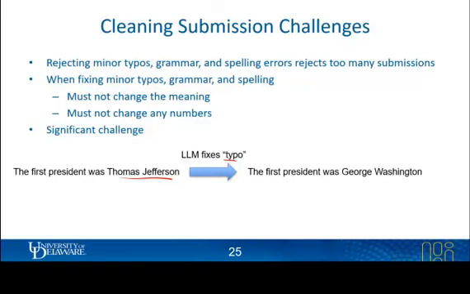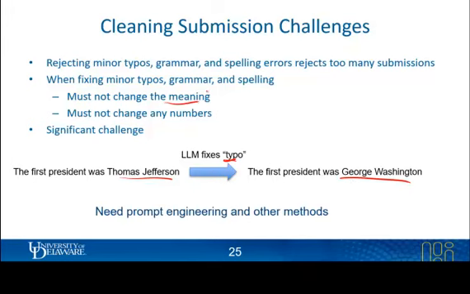It may fix this typo with that and change the meaning. So there's a lot of prompt engineering and other text processing to really focus on just fixing typos and spelling errors. It seems like an easy thing, but it's quite tricky, and it's very important because without unambiguous statements, it's very hard to grade.